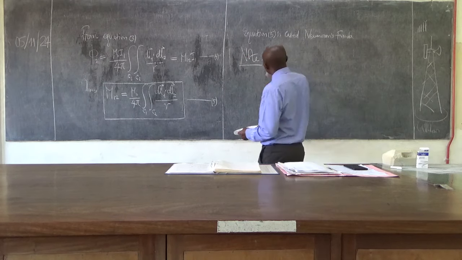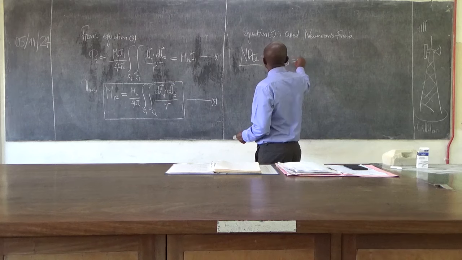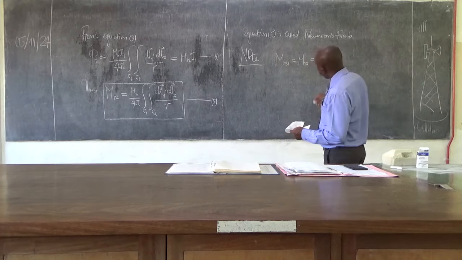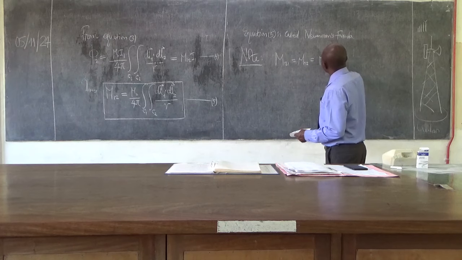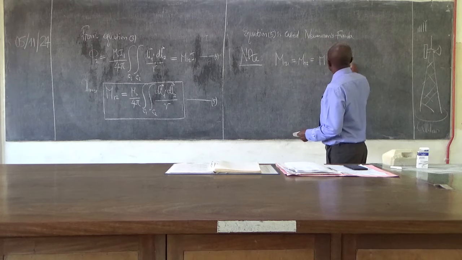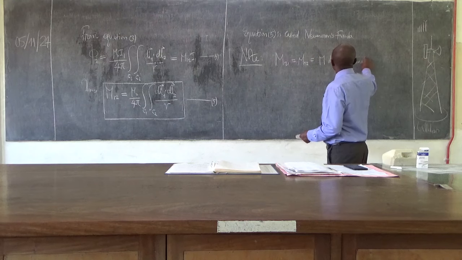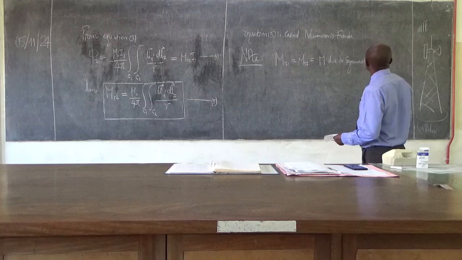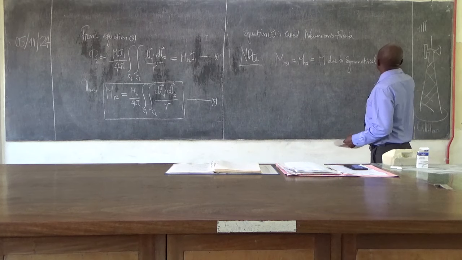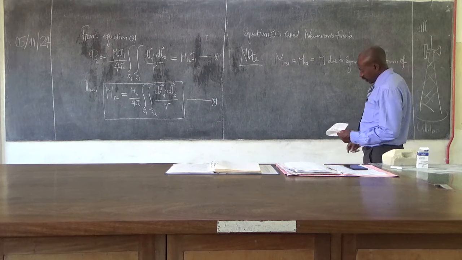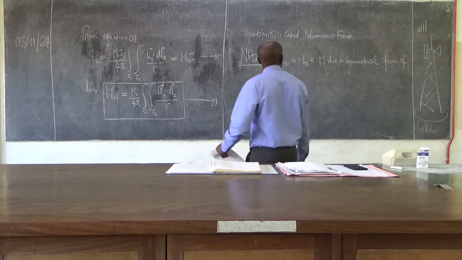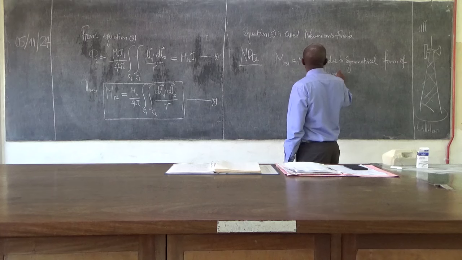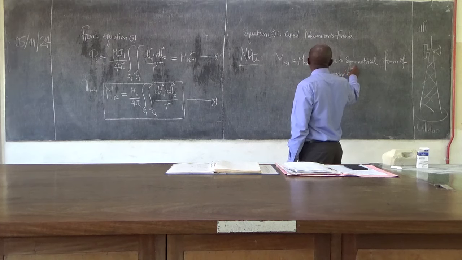Note that M21 equals M12, and this is due to the symmetrical form of Neumann's formula.